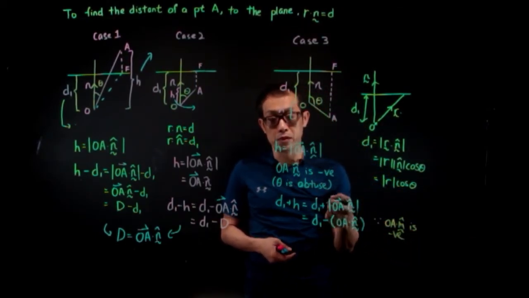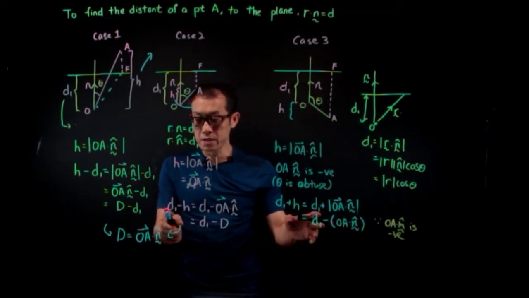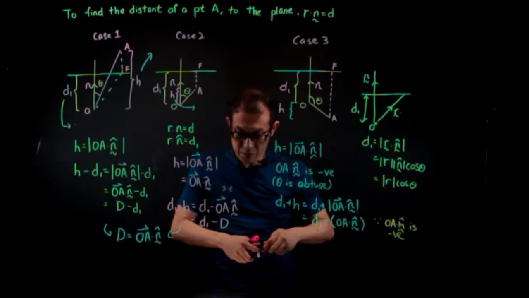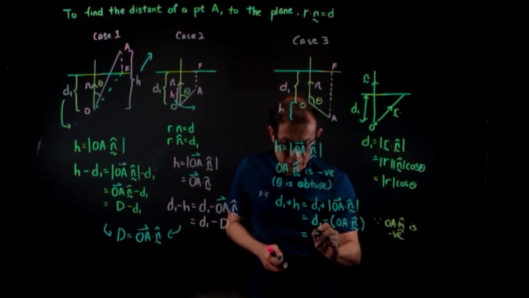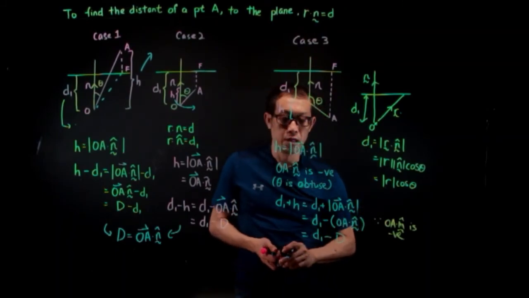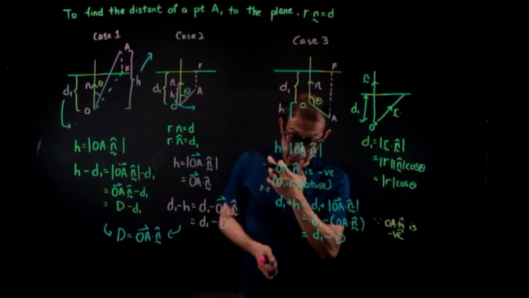Negative negative becomes positive. Maybe I should do one more step. Then what do you get? You will get d1 minus big D, because D is OA dot unit vector n.